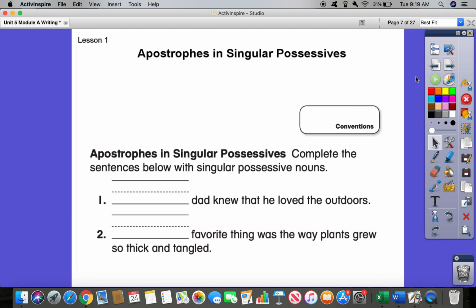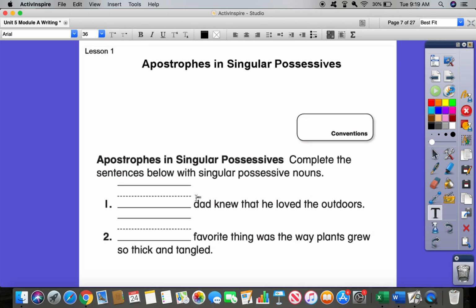Okay, so in your writing journal, you're going to complete the first conventions lesson. It'll say Lesson 1, Apostrophes and Singular Possessives. You have to complete the sentences below with singular possessive nouns. Just as an example to show you, number 1: blank dad knew that he loved the outdoors.